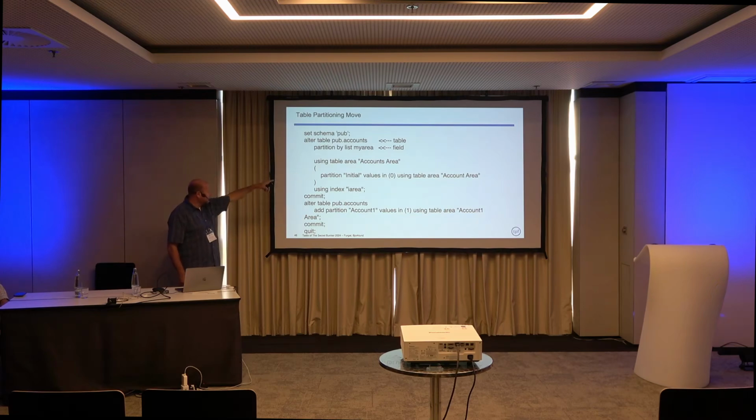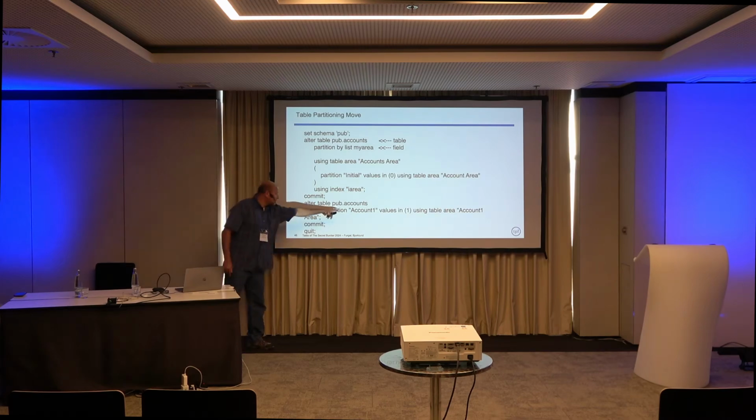And then when it's in the account area, the partition initial value is 0, and it's going to be in the account area using the index I area. And alter the table now and say add partition account 1. Values of 1 will go into the account 1 area. This account 1 and that account 1 don't need to be the same.